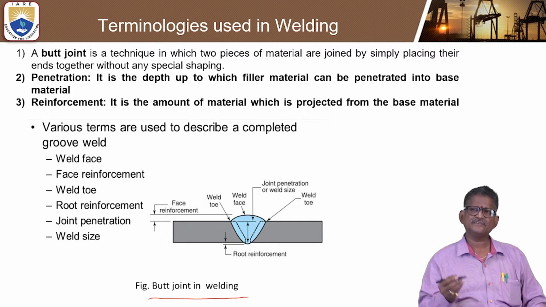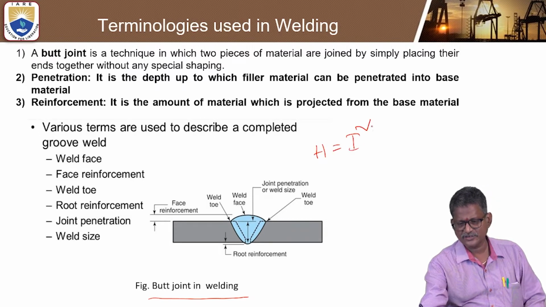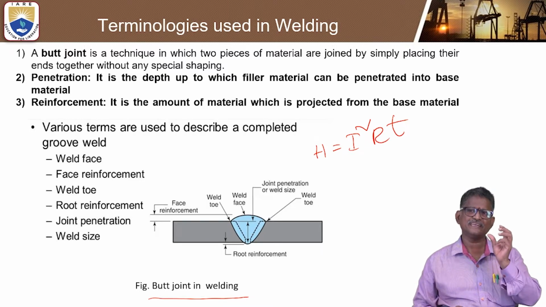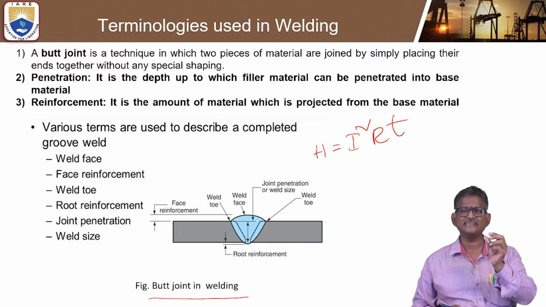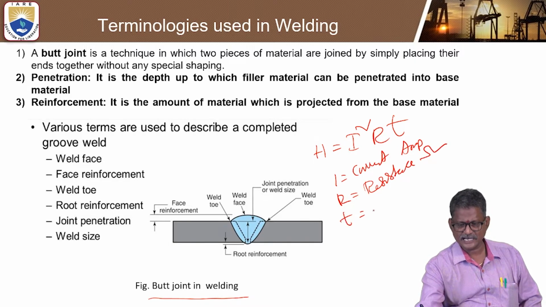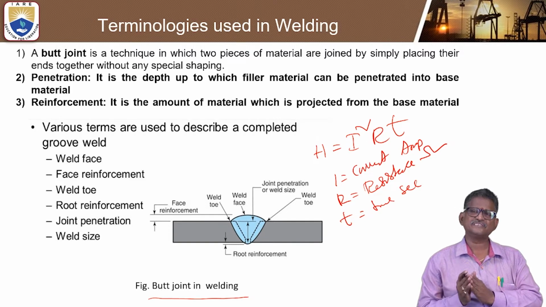In general, in resistance welding, heat generated H is equal to I square R T. This is a simple formula to determine the heat generated, where I is the current in amperes, so current squared, R is the resistance in ohms, and T is the time in seconds. Okay, so like that, I square R T. This relation mainly depends on resistance welding.